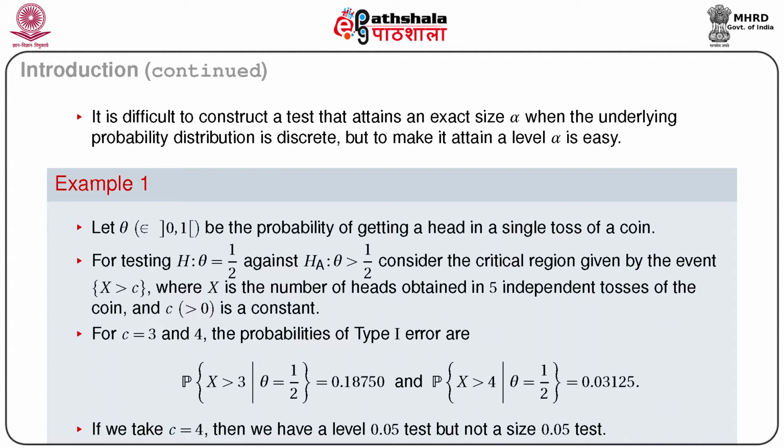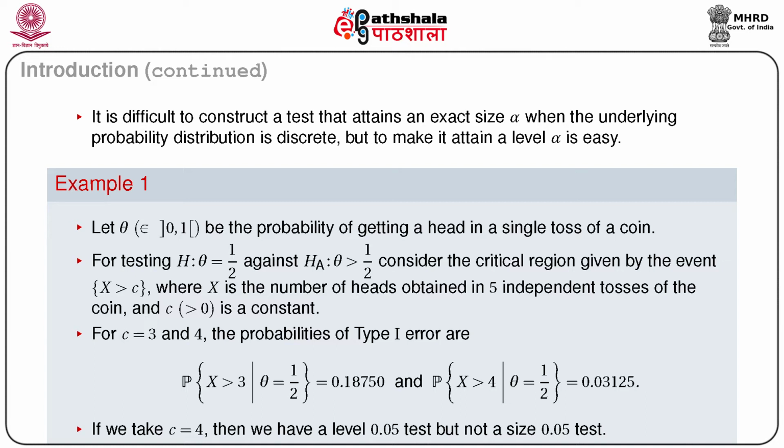Now under H, X follows binomial distribution with parameter 5, half. Then from the table of binomial probabilities or by computing we get probability under H, X greater than 3 is equal to 0.1875, but probability under H, X greater than 4 is equal to 0.03125, which is less than alpha if we set alpha equals 0.05.